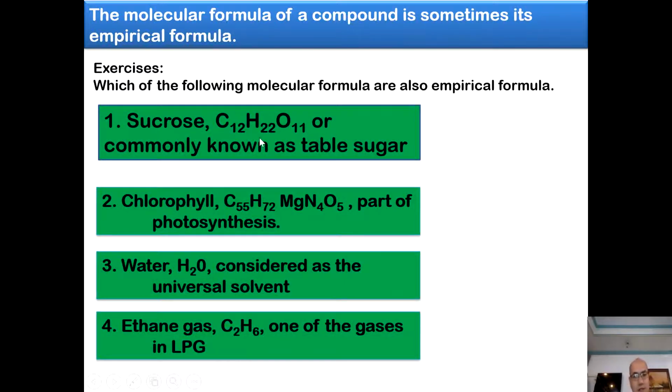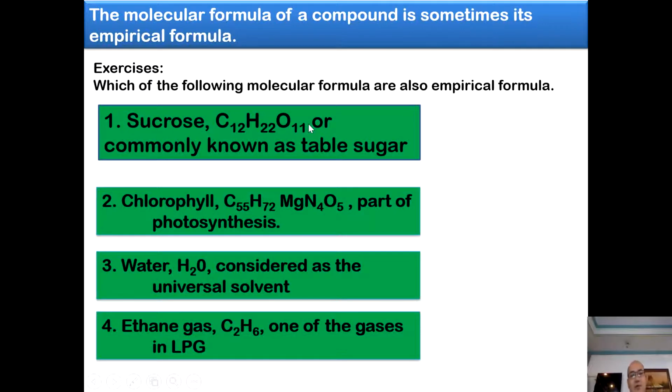If you're going to look at the subscripts, in order to find out whether a certain formula is already a molecular or an empirical formula, you find out if there is a greatest common factor among the subscripts of the elements within the formula. Seeing these subscripts, 12 for carbon, 22 for hydrogen, and 11 for oxygen, I think the only common factor among the three subscripts is 1.